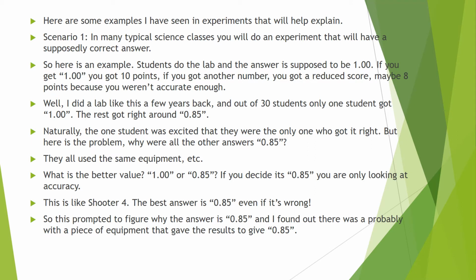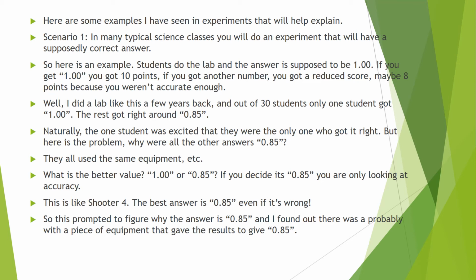Scenario number 1. In many typical science classes, you will do an experiment that will have a supposedly correct answer. Here's an example, and this one I had many years ago. Students do a lab and the answer is supposed to be 1. We were supposed to get the density of water, 1 gram per milliliter.